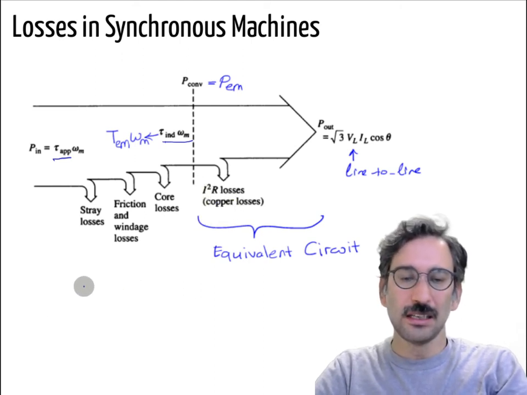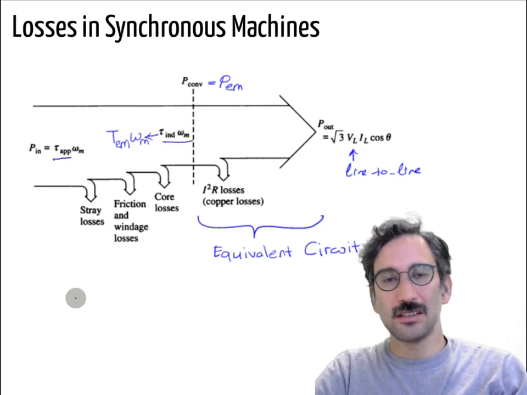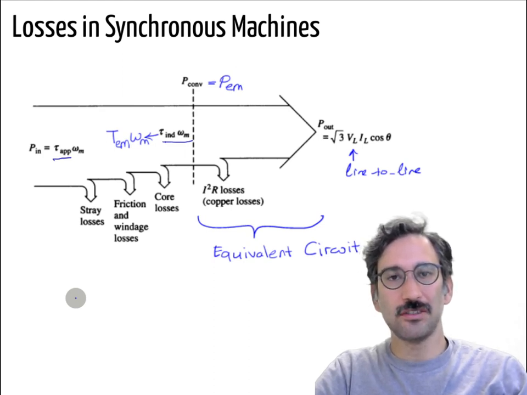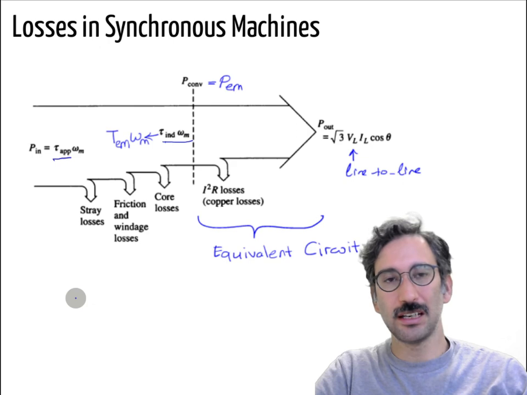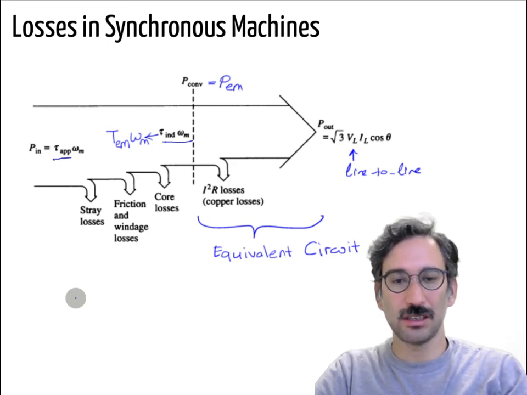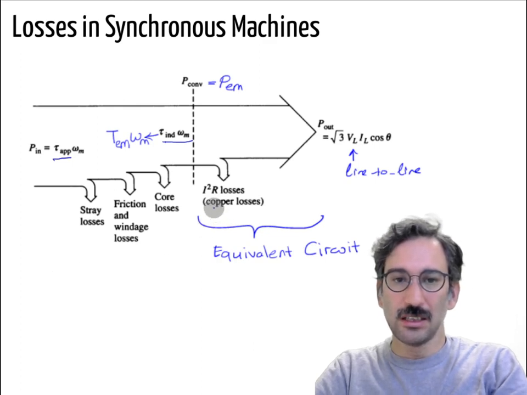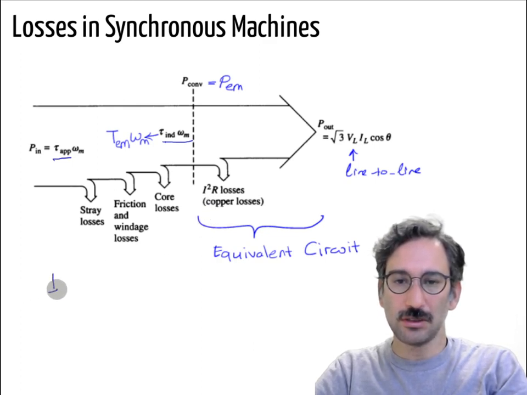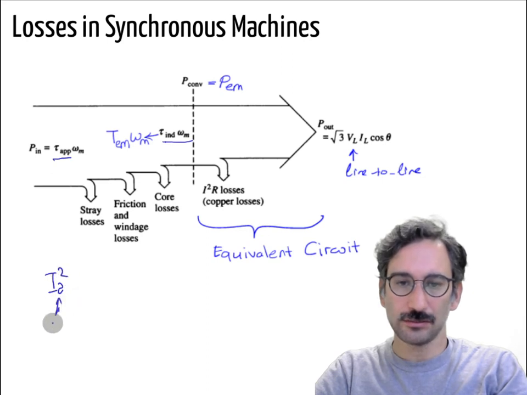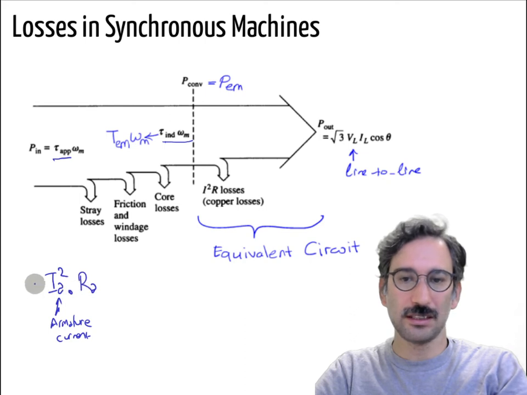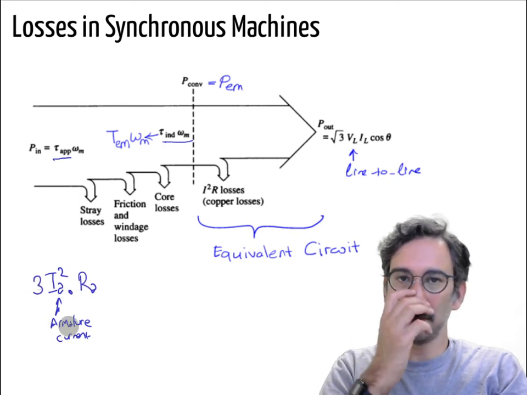Again, large synchronous machines are quite efficient, well over 95% efficiency, and even larger ones have 99% efficiency. But we have two main copper losses. One of them is the armature current squared times armature resistance, and don't forget to multiply it by 3.